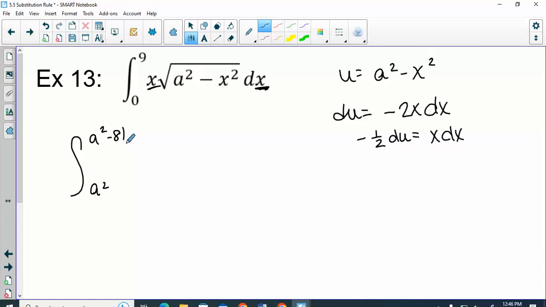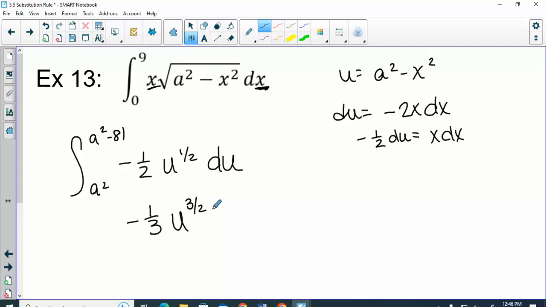Everybody with me here? So then we have a negative square root of u, or u to the 1/2 du. So if you add 1 to your power, that's 3 halves, so it gets a 2/3 in front times negative 1/2.